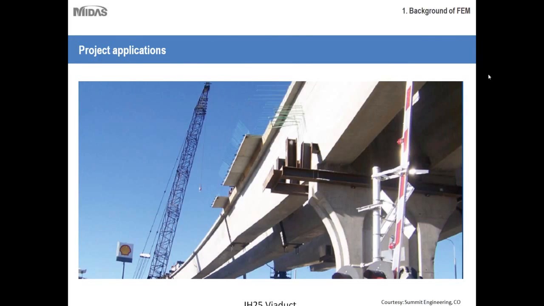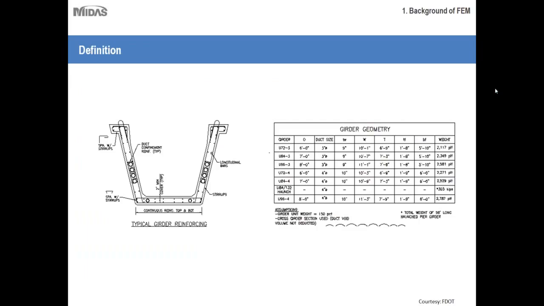Now let's move on to the definition of this section, what these sections are like. As we mentioned, it is a U-beam or a U-girder. You can see it is a wide section. Essentially it is a box section without the slab or the lid on top.